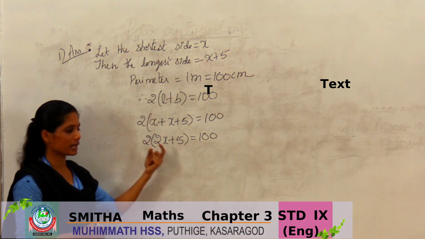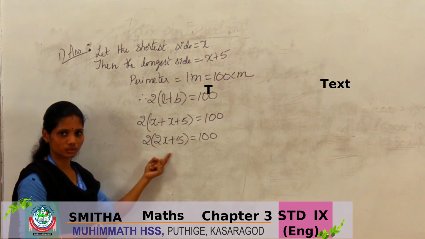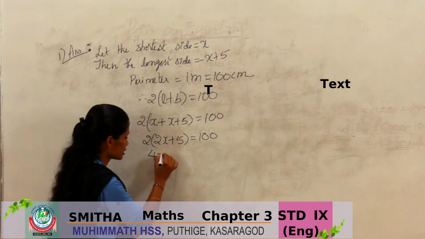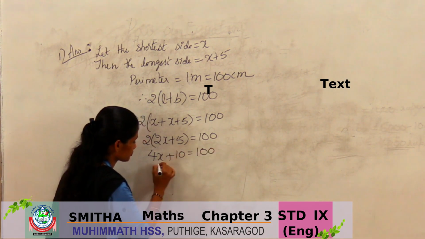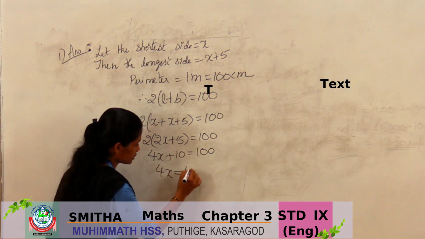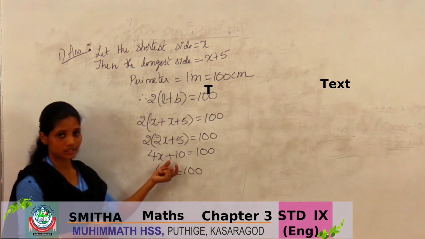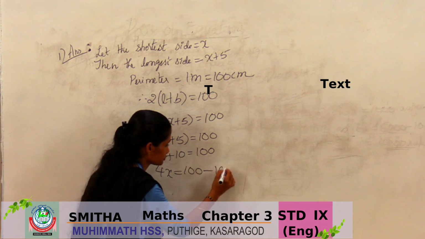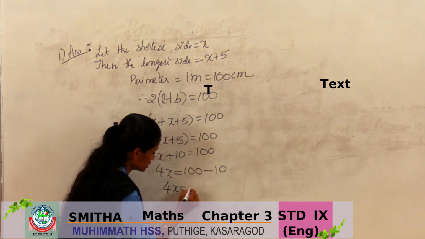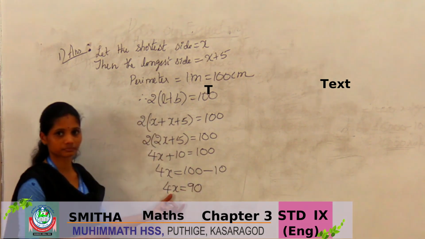Open the bracket by multiplying by 2. 2 into 2x is 4x, plus 2 5s are 10, equals 100. 4x plus 10 equals 100. Transpose plus 10 to the right hand side, it becomes minus 10. 4x is equal to 90.